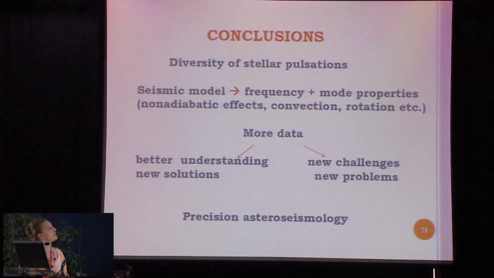And more data means better understanding, new solutions, but also new challenges, new problems. But now it seems that thanks to all these space missions, we can do precision asteroseismology, which means that we can reproduce not only frequencies, but also mode properties. Okay, so thank you for your attention. Thank you.